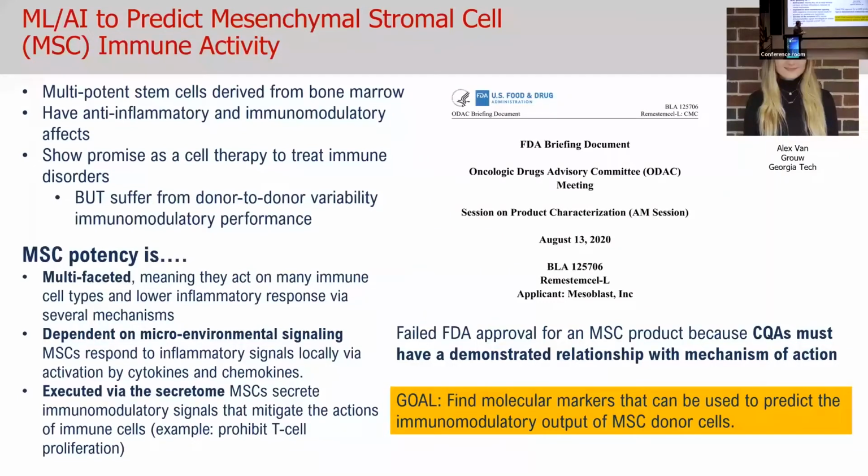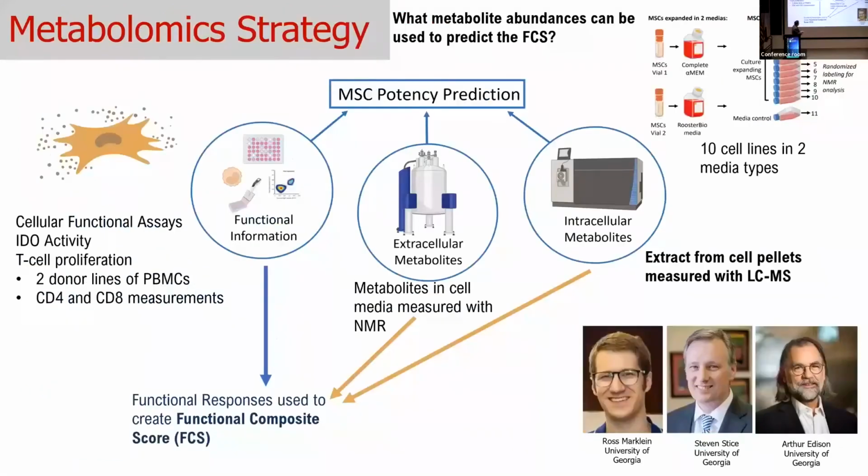So one of the things that we're doing with this center is we're trying to apply lipidomics and metabolomics to understand potency and therefore the mechanism of action of these cell therapies. So just to briefly show you some results, this is a larger team.